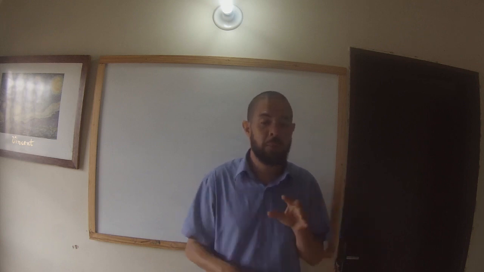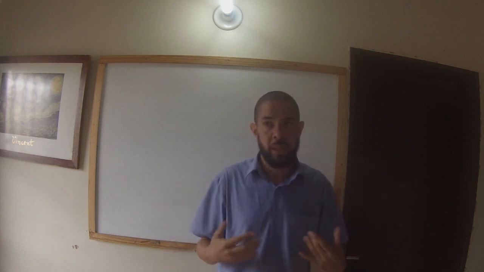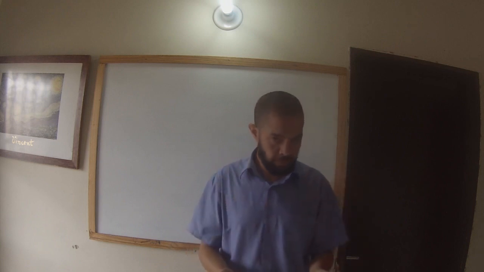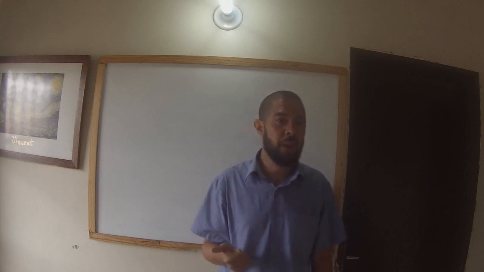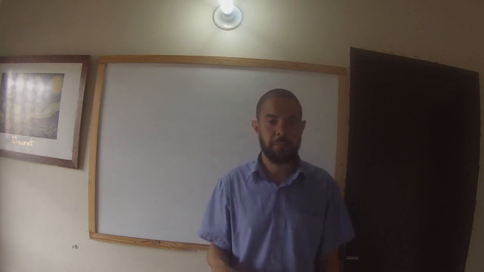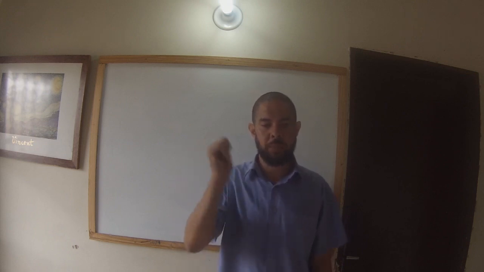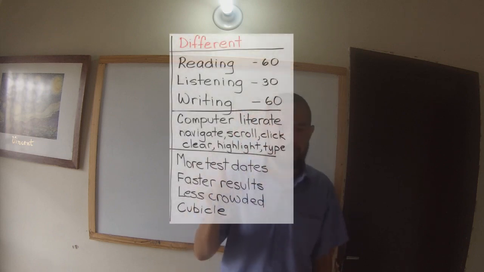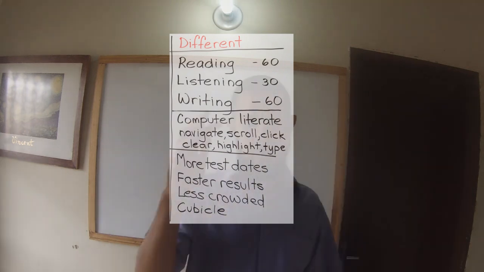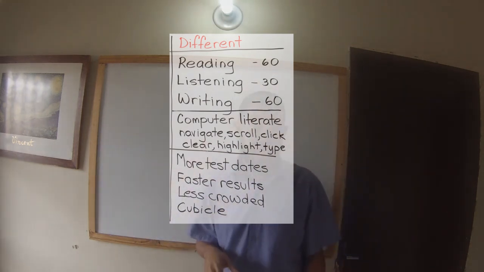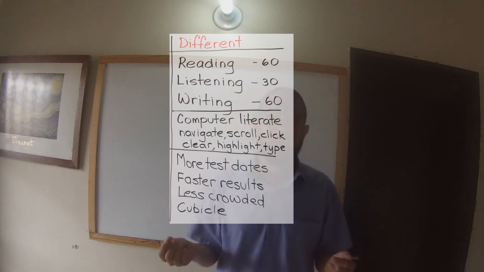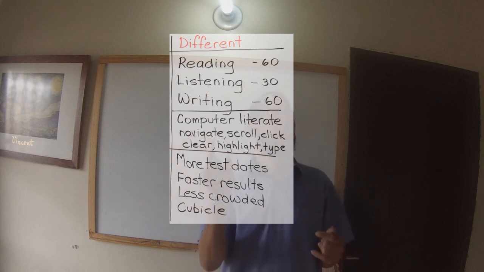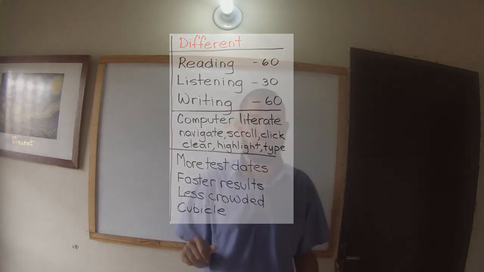If you want to do the CDT, the computer delivered test, you have to be a little computer literate, right? Because you have to navigate, you have to scroll, you have to click. Is the click clear? You have to highlight, type on the test, and sometimes you can be confused about it. And in this case, I recommend you to do the PBT test, the paper based test, right?